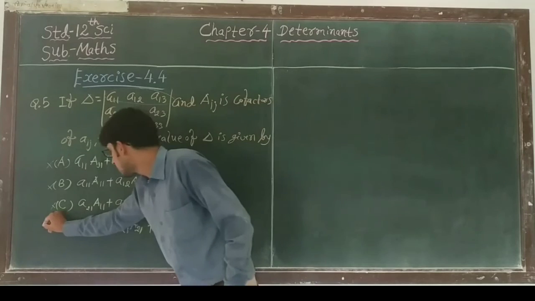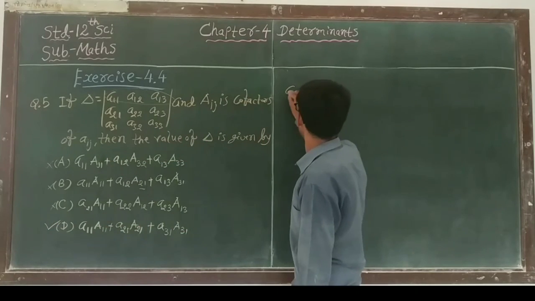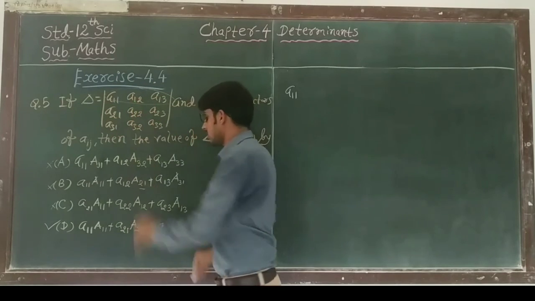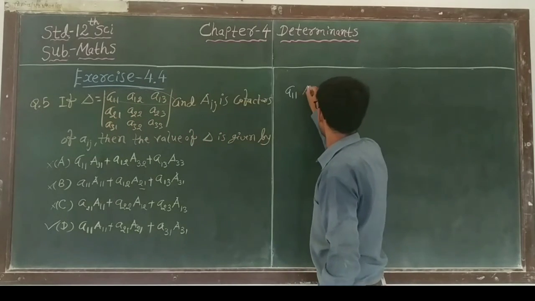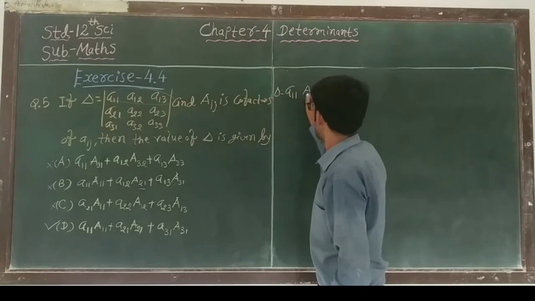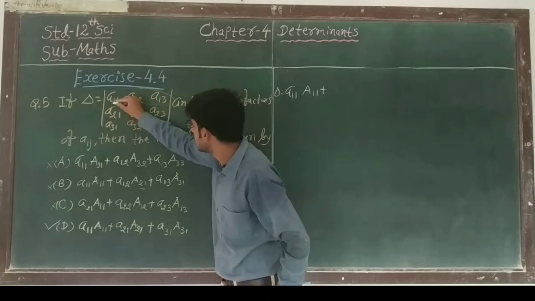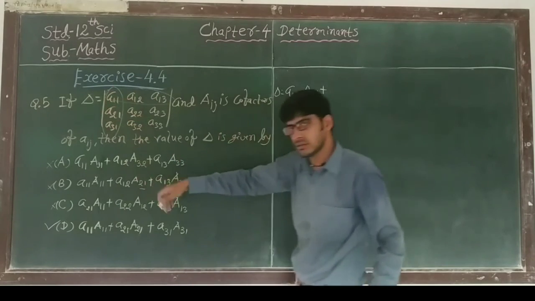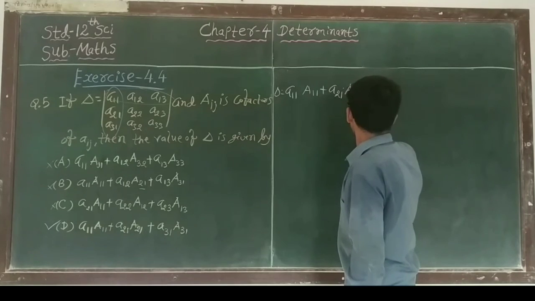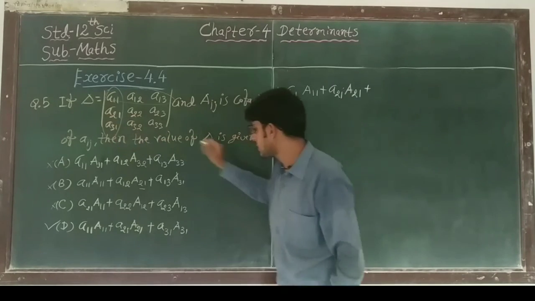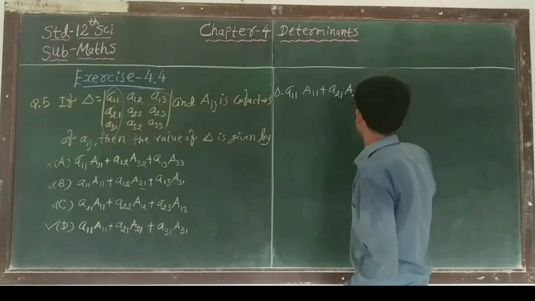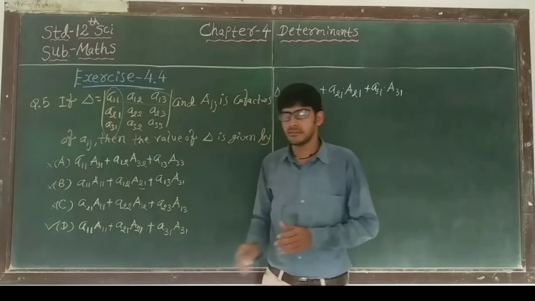So the answer is D. Suppose A11, we remove the respective row and column. So delta is equal to a11 capital A11 plus. Next, suppose we write A21, so we solve by taking the first column: small a21 capital A21 plus a31 capital A31. So the answer is D.